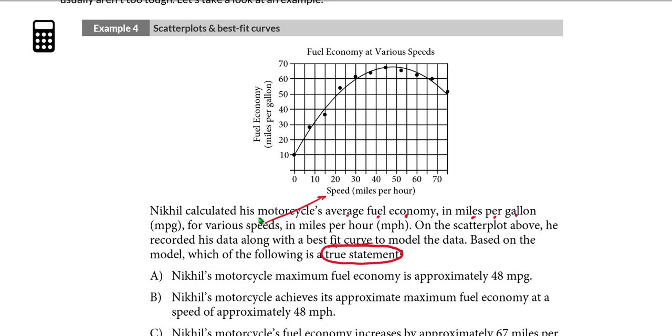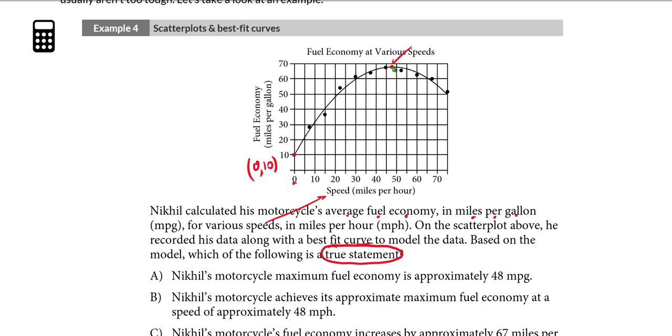In other words, kind of backtrack this. But we could just look at this and say, all right, well, we do have a y-intercept of (0, 10). So that means that when he's not driving at all, his fuel economy is 10 miles per gallon. Let's say the vertex or the maximum seems to occur about there, right? What does that look like?